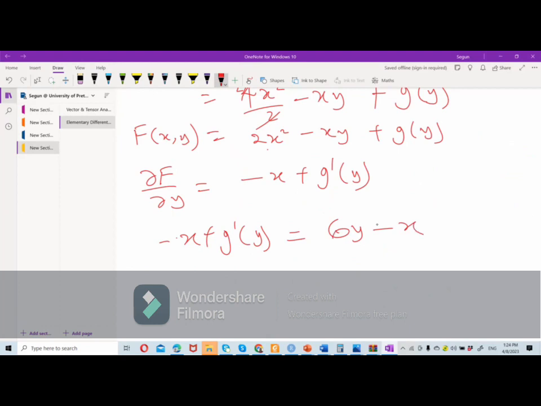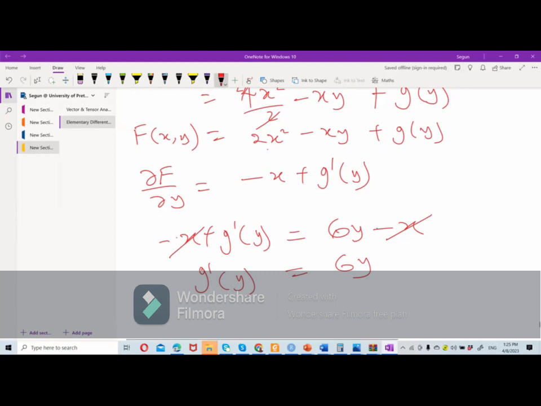So we are comparing it with n of x. If you are comparing with n of x, is there anything cancelled here? Yes. x cancels this. So we are left with g prime of y equals to 6y.